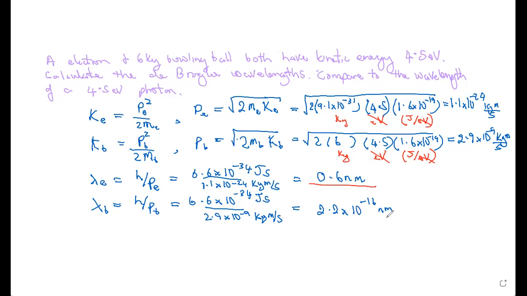By comparison, the wavelength for the bowling ball is many orders of magnitude, 10 to the 15 times smaller than that size scale. And so it is smaller than humans have ever seen, a size scale smaller than humans have ever measured. And so that's the two wavelengths that have emerged here.